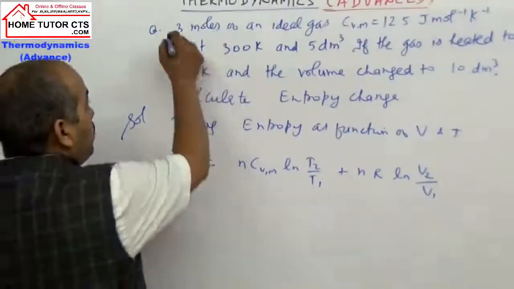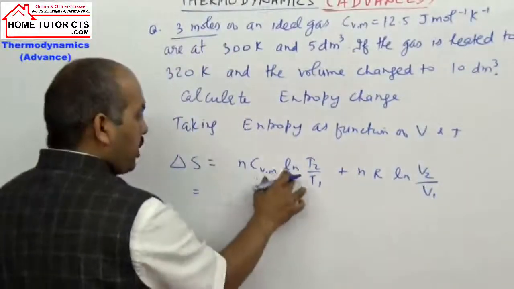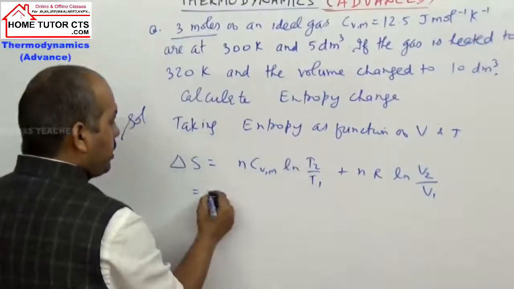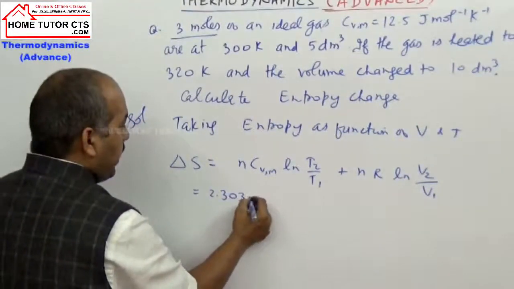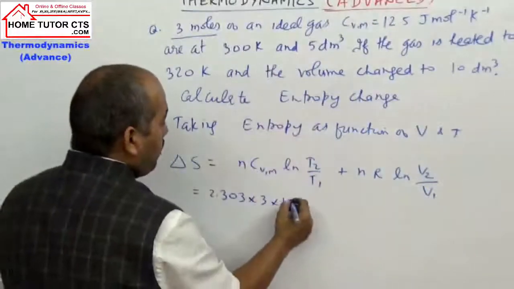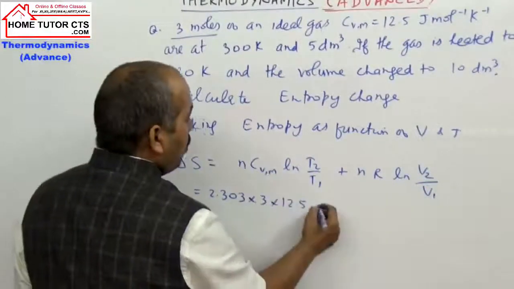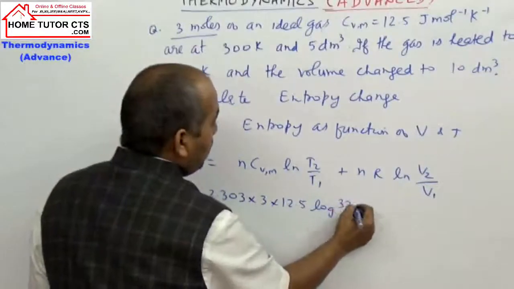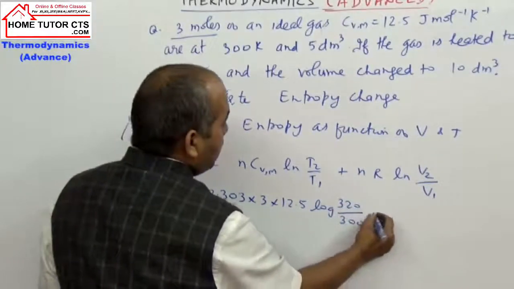In this case, how many moles are given? 3. So you can take log base 10, then it is 2.303. n is given as 3 moles, Cv is given as 12.5 joules, log T2 is given 320, T1 is given 300 Kelvin.